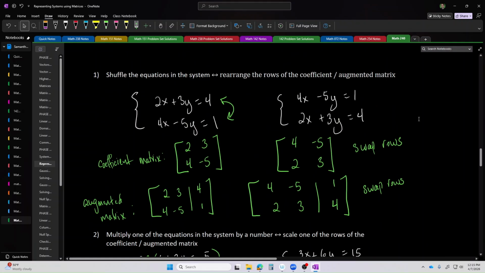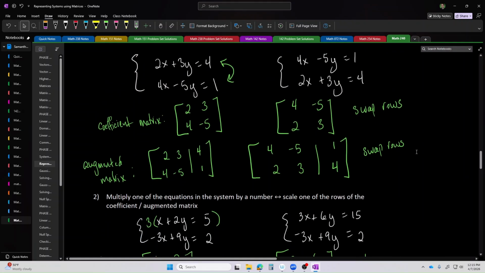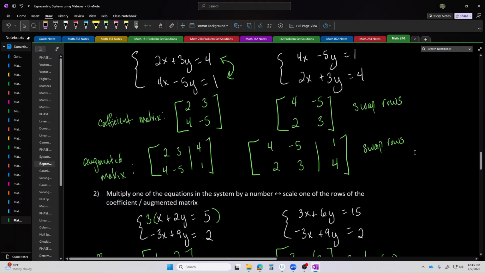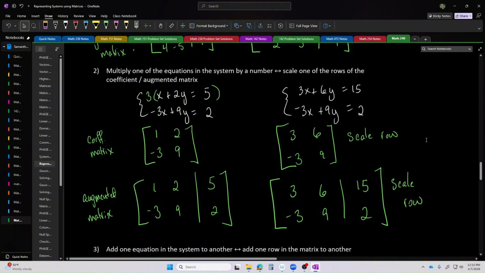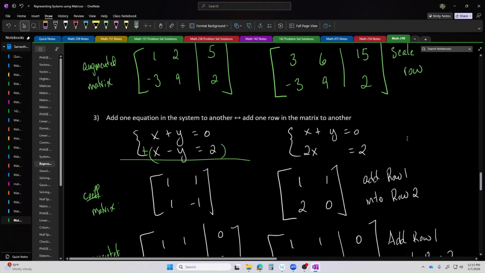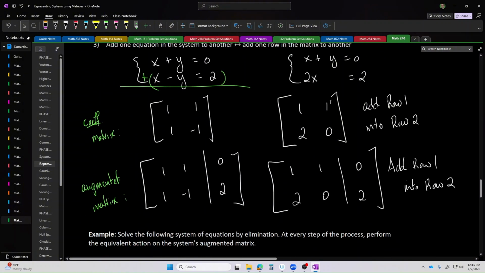So these are the three main actions that we might take as we are solving a system of equations. And these are the three corresponding actions on the matrices that represent the system. There's the action of swapping rows and changing the order of the rows in the system. There's the action of scaling a row. And then there's the action of taking one row and adding it into another row.